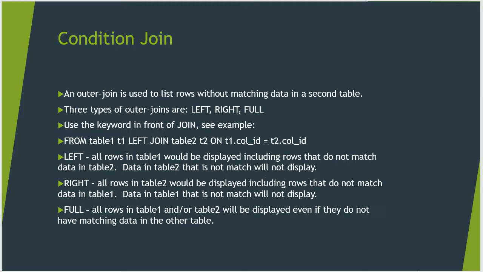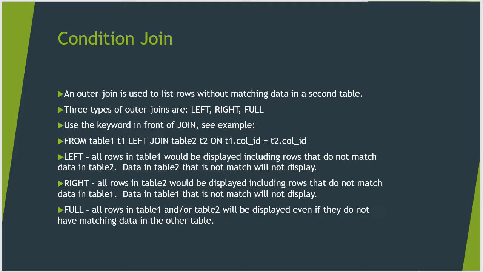An outer join allows for partial matching of data. You have three different types of outer joins. They are left, right, and full. Simply to create an outer join, you add left, right, or full in front of the join keyword.